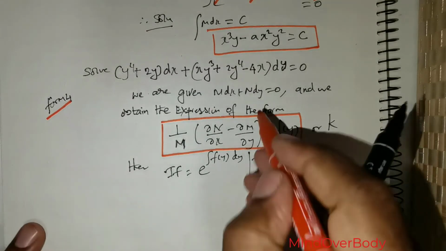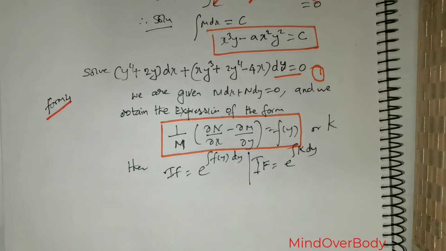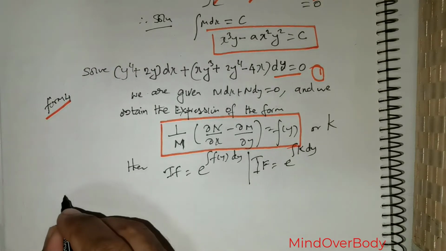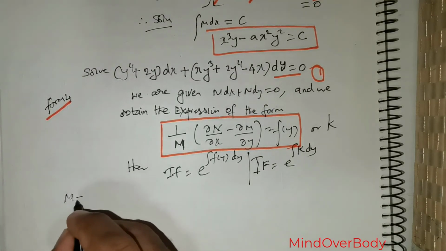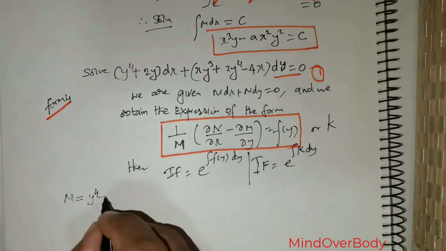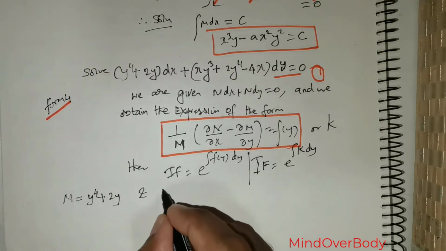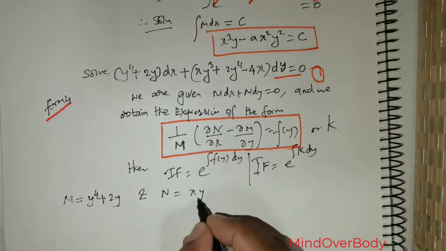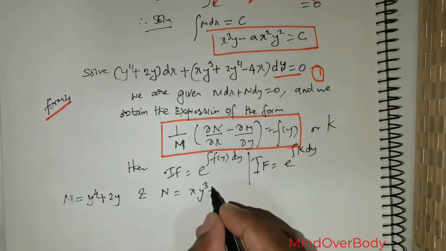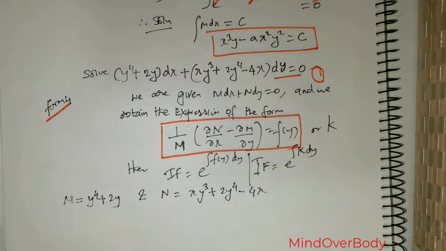As usual, I'm going to take this as 1, and then I'm going to take m to be equal to y raised to the power of 4 positive 2 times y. This is my m, and my n is x y cubed positive 2 times y raised to the power of 4 negative 4 times x.